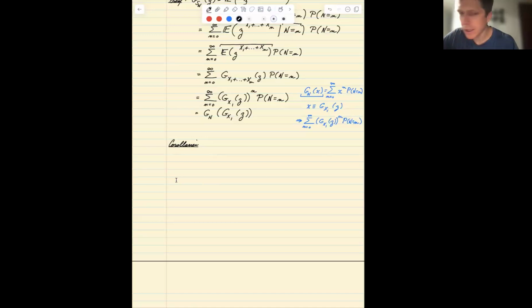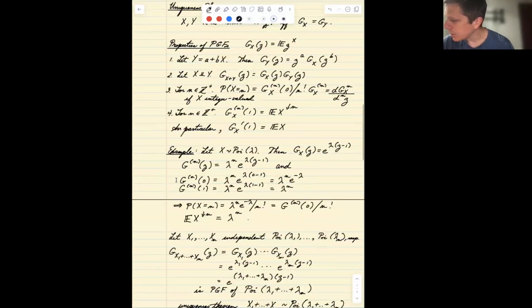So using this theorem that we've just proven, what is the expectation of the sum of a random number of random variables? Well, we can easily show using this that it's the product of the expectation of N with the expectation of X1. How do we prove it? Well, remember we have the generating function here.